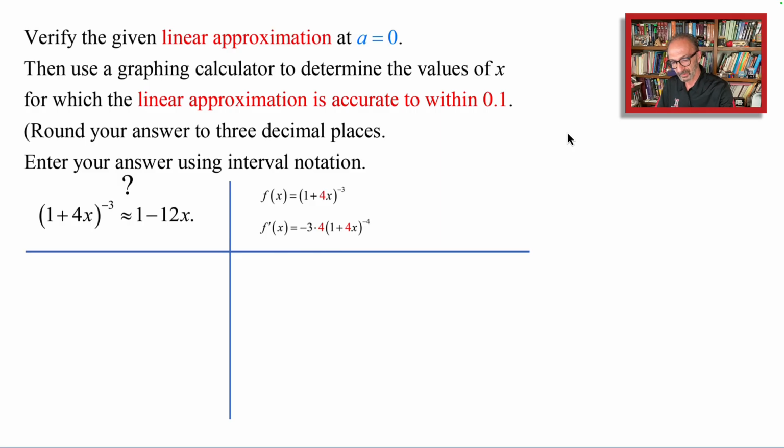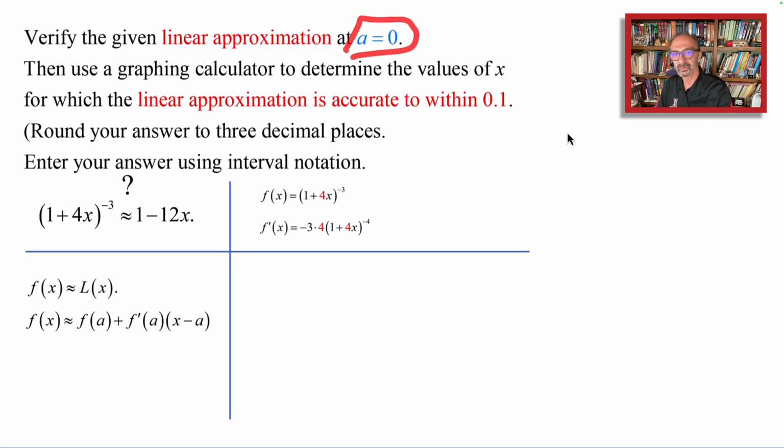Okay, now let's go back to the formula in short, which is f of x approximate to L of x. And we know what's L of x in general. It's f of a plus f prime at a times x minus a. But what is a? A is 0. So let's put zeros right here.